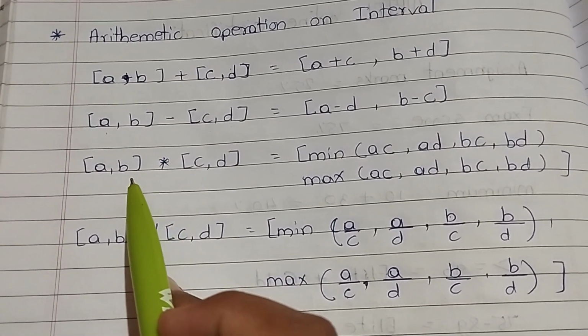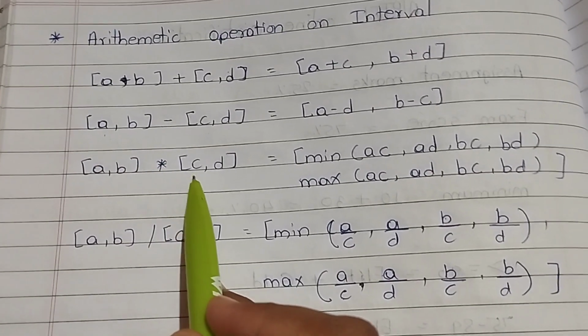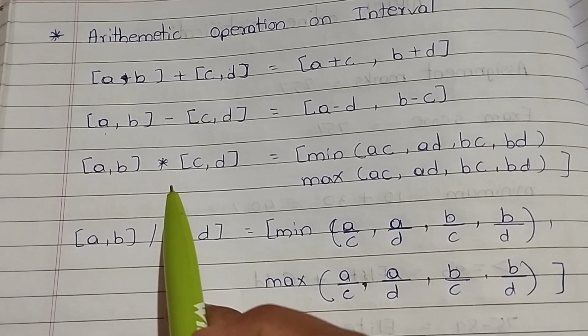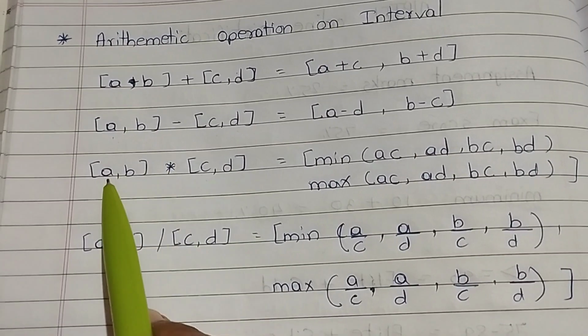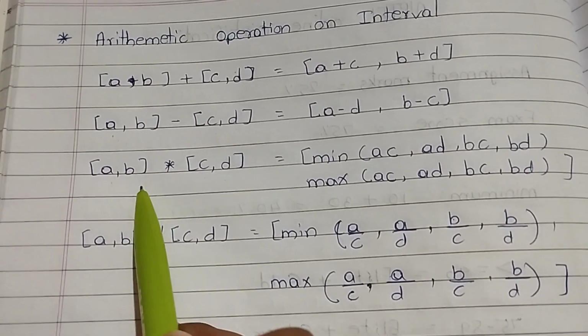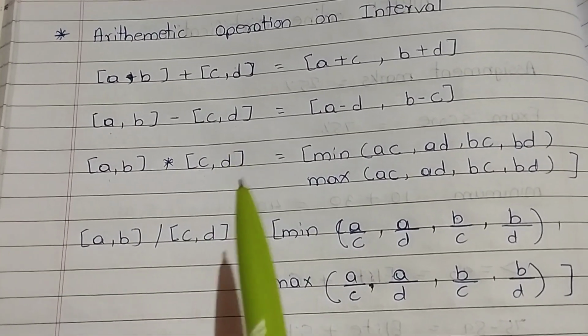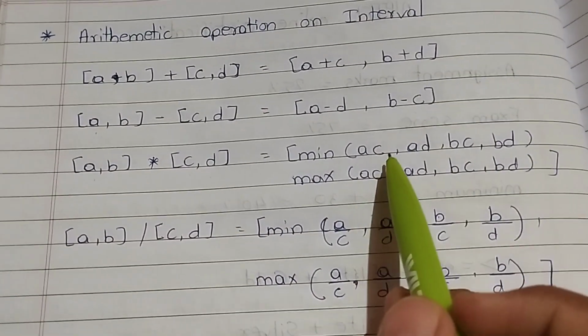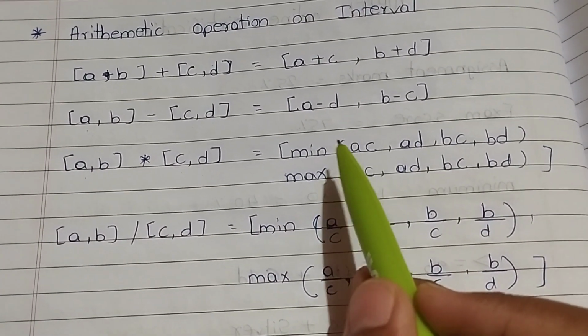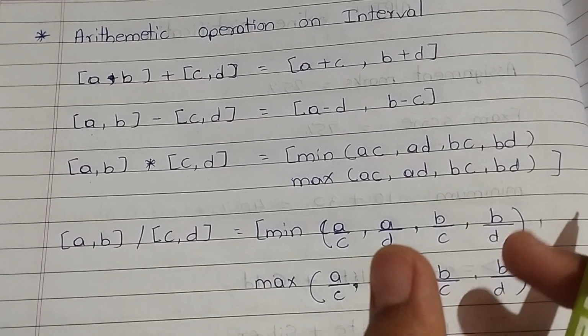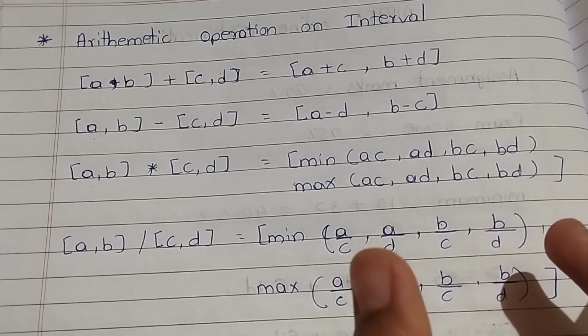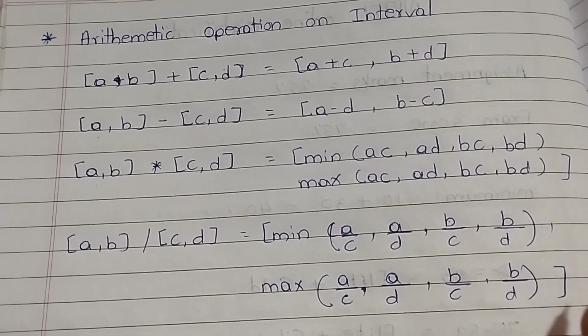Then choose the second component: b into c, b into d. So the set is a into c, a into d, b into c, b into d. First take the minimum from this set, and then choose the maximum from the same set.